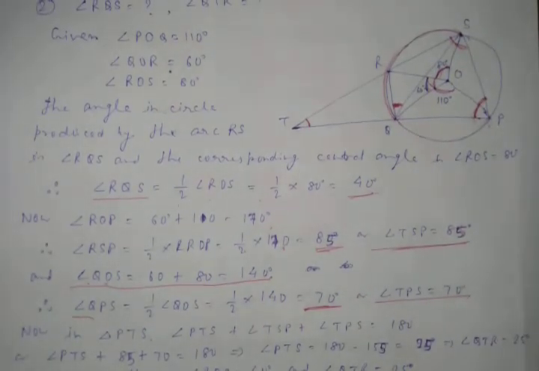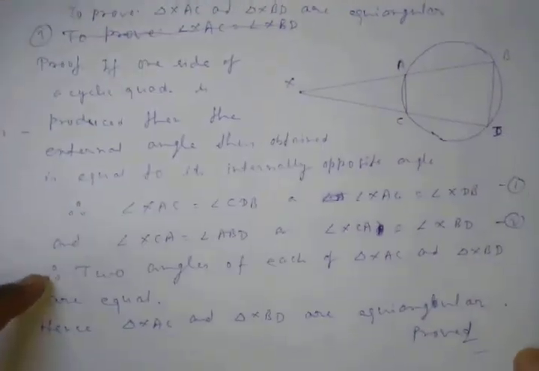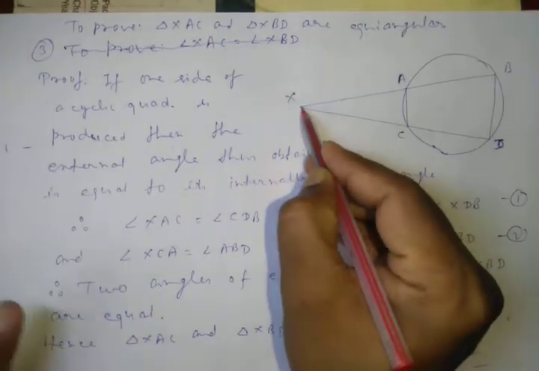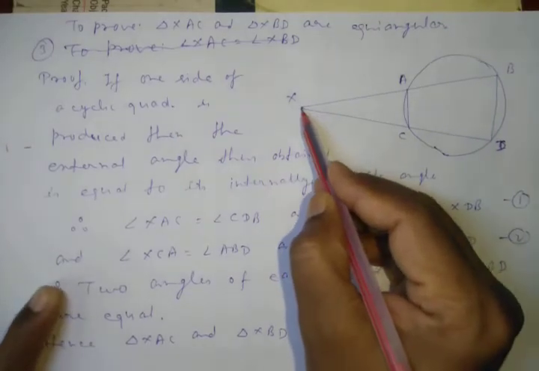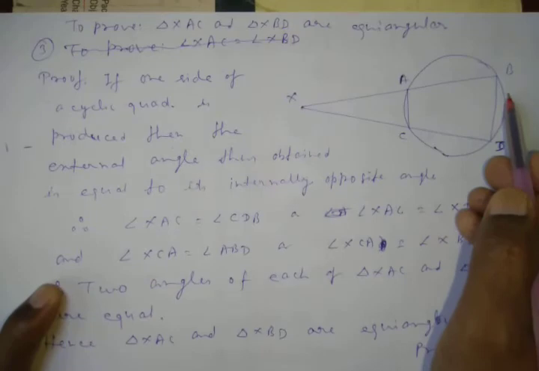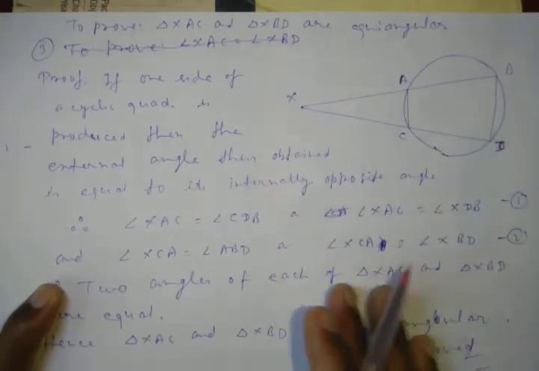And next, question number 3. Question number 3 is here. In this question, we are given that X is any external point, and from this external point two line segments are drawn, which intersect the circle at points A, B and C, D, like this.